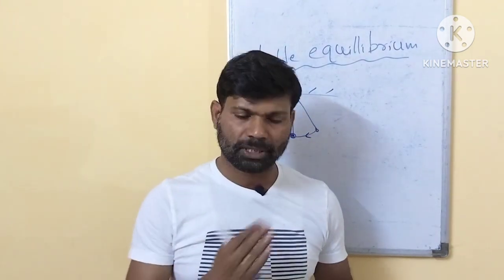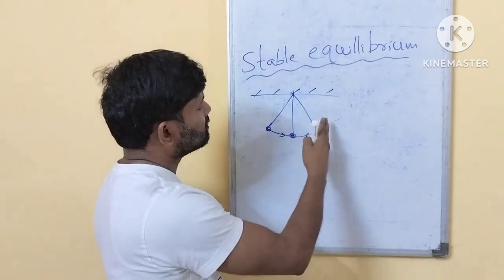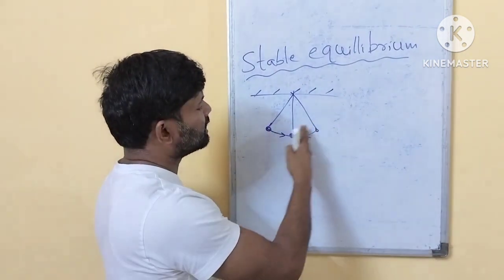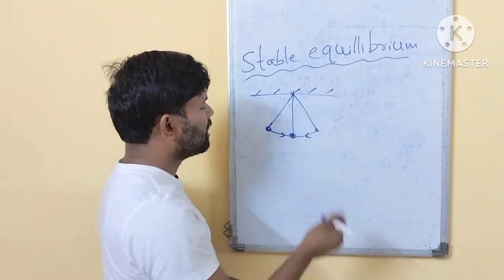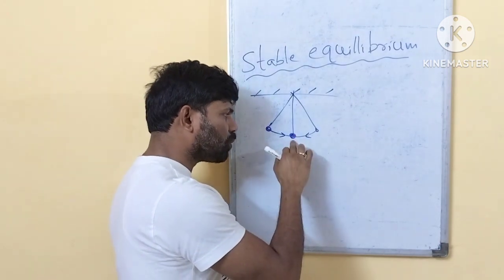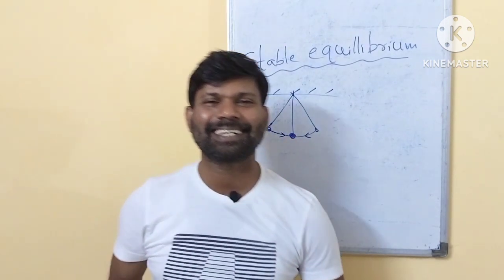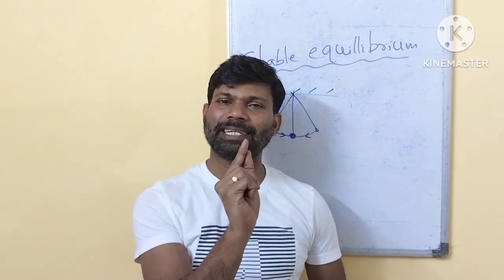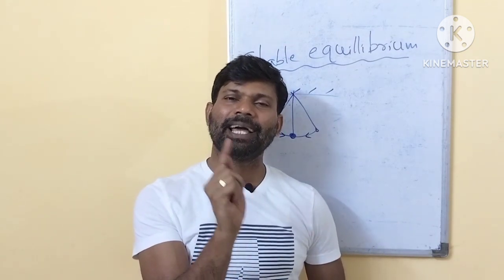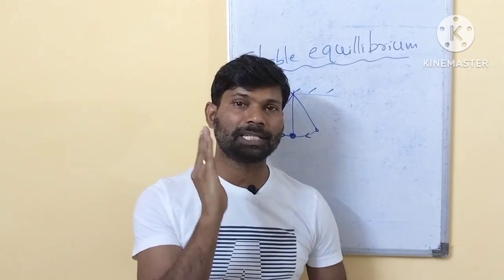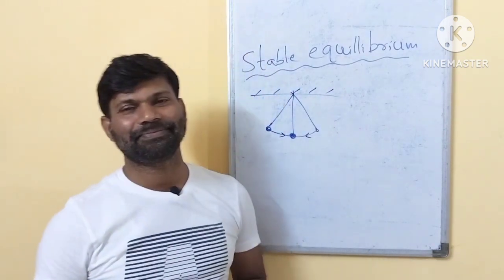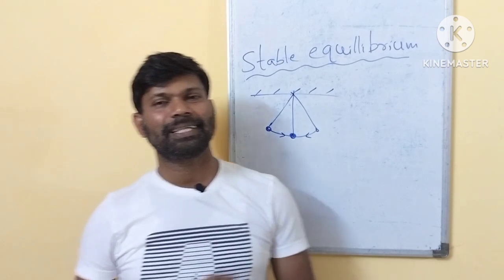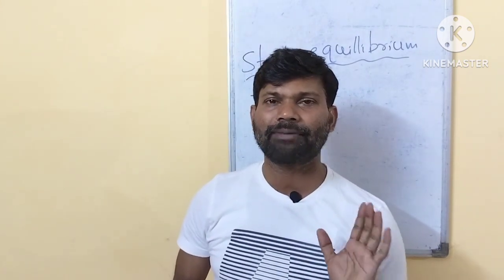If there is a friction force, the oscillations, the displacement, decrease. Finally it will come back to the original position. If you make some small disturbance for it, after oscillating, it will come back to the original position. This is called stable equilibrium.